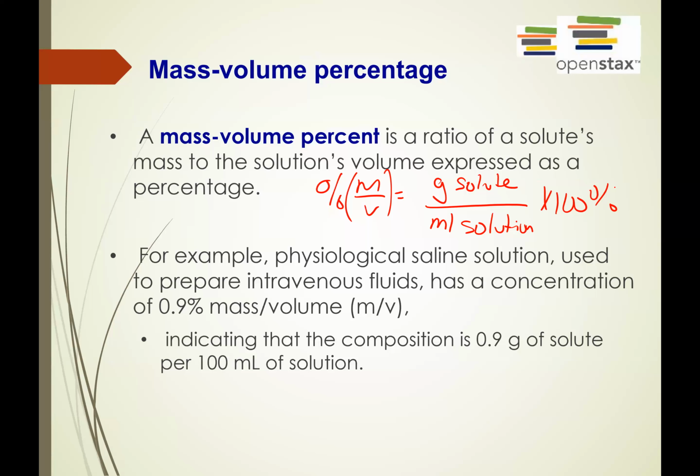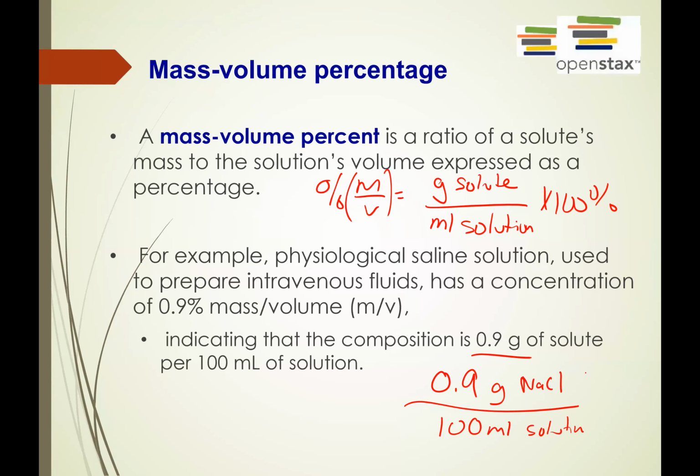For example, if you've ever seen a saline solution, like an IV, they're always a 0.9% mass volume. What that means is that there's 0.9 grams of the solute, which in this case is salt, over 100 milliliters of our solution.